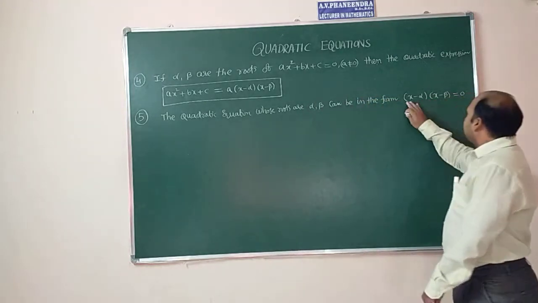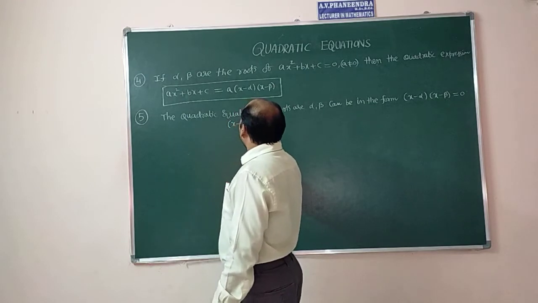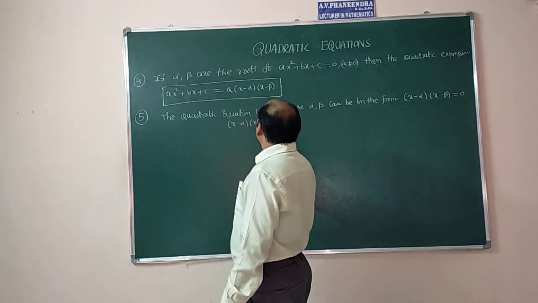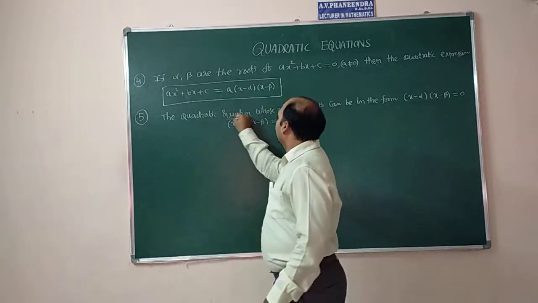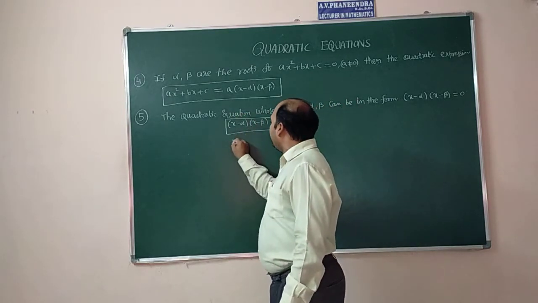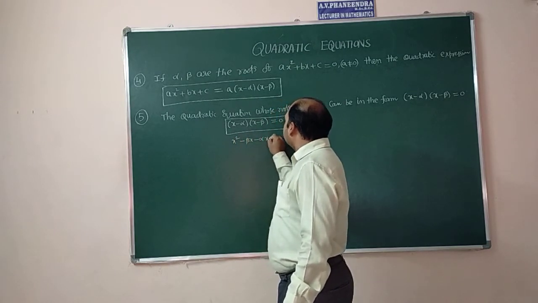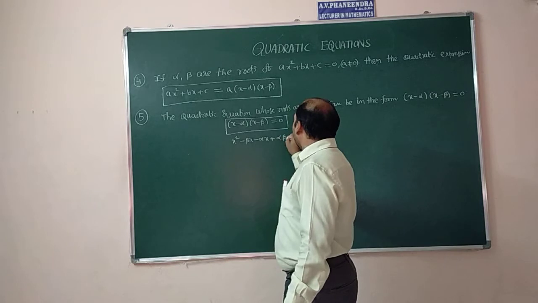And one more thing, if you simplify this one, x minus alpha into x minus beta equal to 0, by actual multiplication, x square minus beta x minus alpha x plus alpha beta equal to 0.